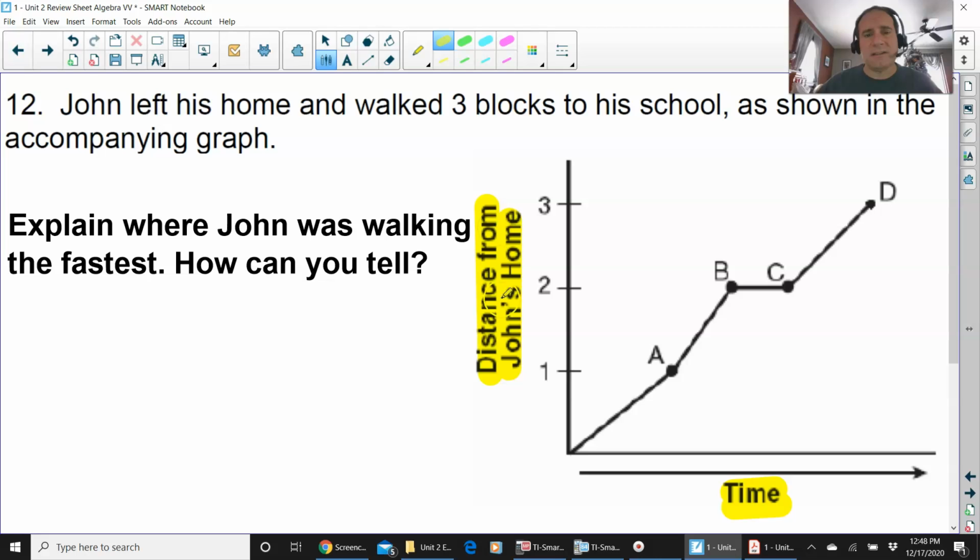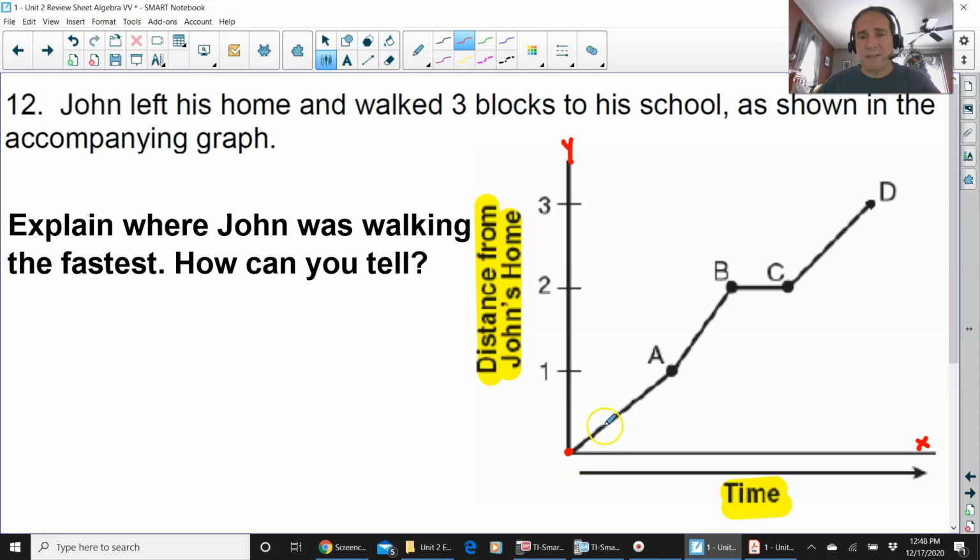This is the distance away from John's home, and this is time. The x-axis is usually time. So this is your x, this is your y. If you start right here, time is 0, distance from John's home is 0.